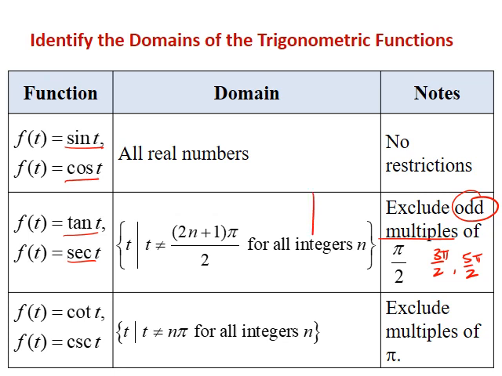These take place here and here. Whenever you have one of these angles, you'll be dividing by 0, which means it's undefined. And then multiples of pi would be here and here. So just be cautious. Here is an example of how this will be used.